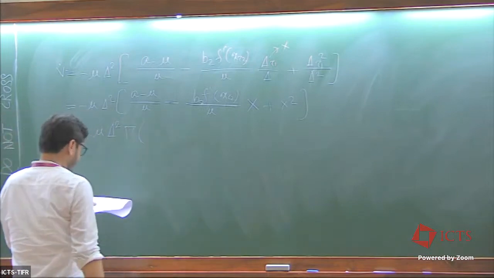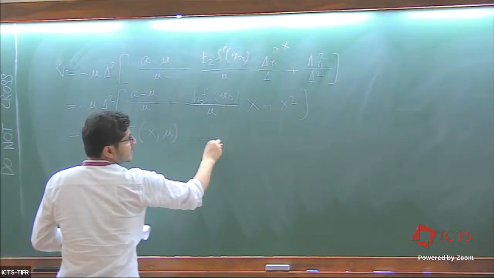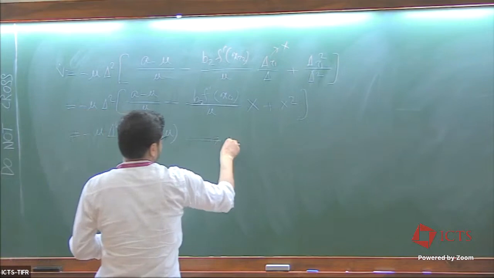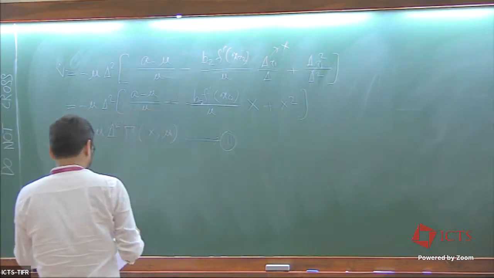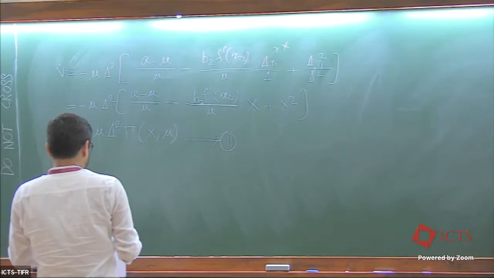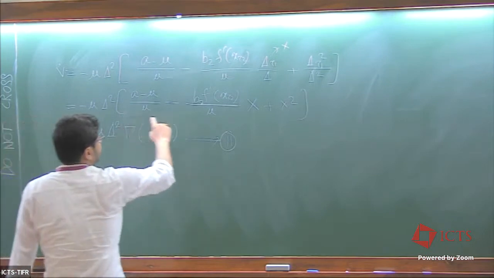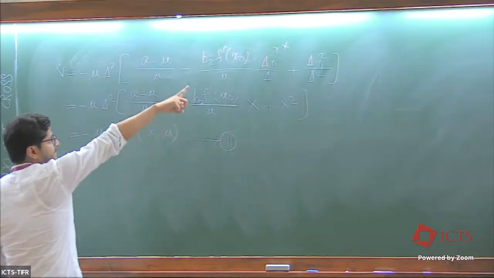Suppose this is a function of gamma, x and mu. This one is equation 11. So this function we considered as gamma of x.